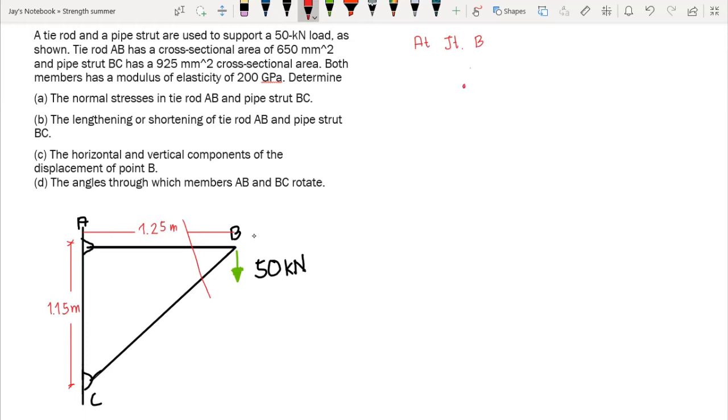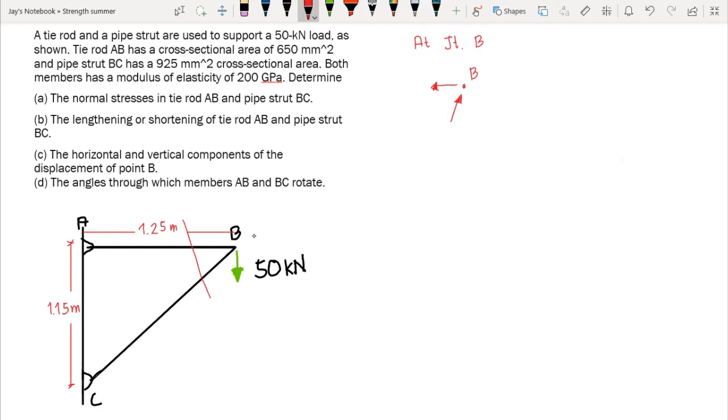So at joint B, we first assume the direction of the internal forces. If we have our internal force, or the axial force of segment AB, like this one, that means we assume it as tension, if we have our force acting away from the joint. But if we have a force acting towards the joint, that means it's compression. So this is our assumption.